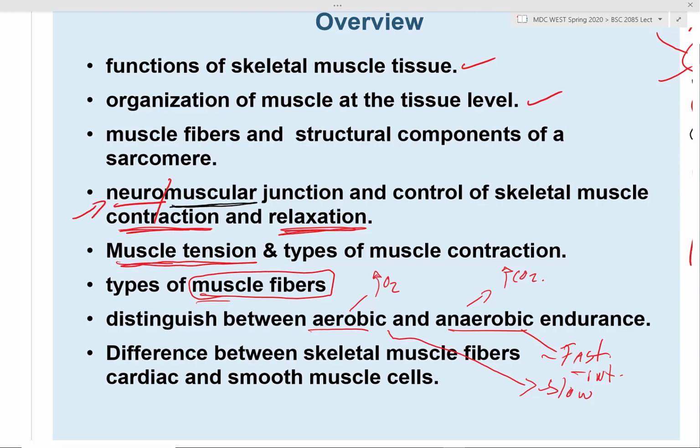So the difference between skeletal muscle fibers, cardiac, and smooth muscle is just structure. The only thing that I'm really looking for is that skeletal muscles have striations. The cardiac muscles are striated as well, but they have something known as, you got it, intercalated discs.